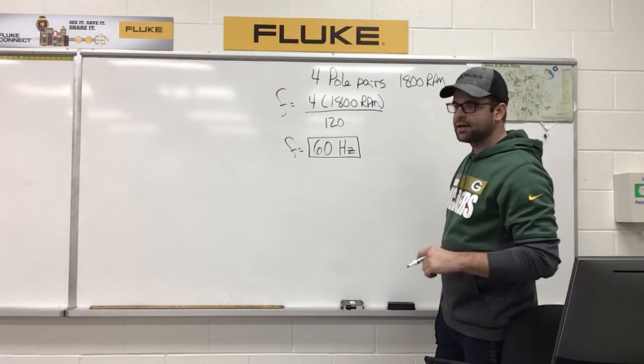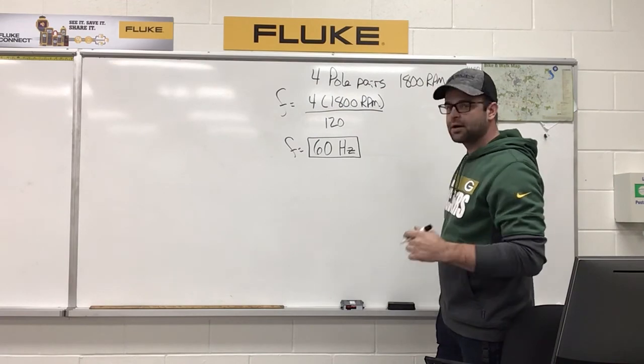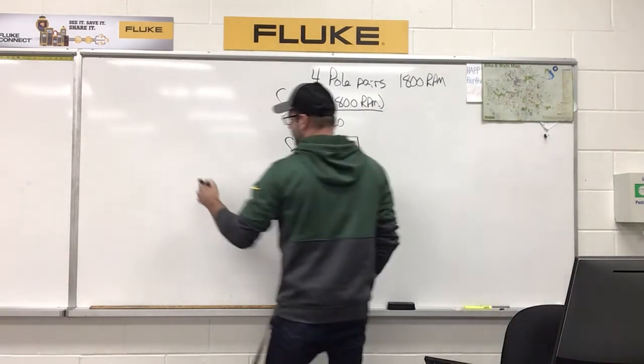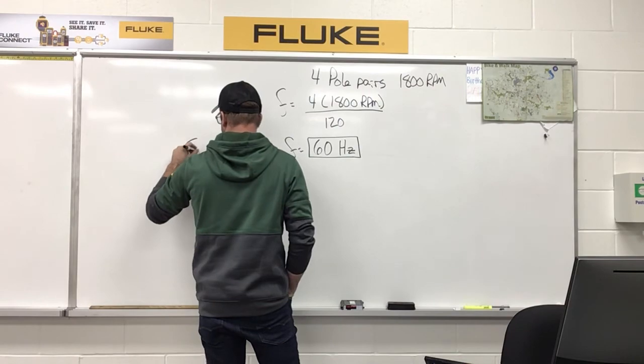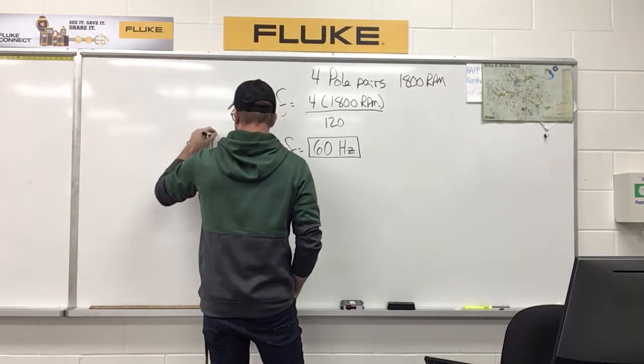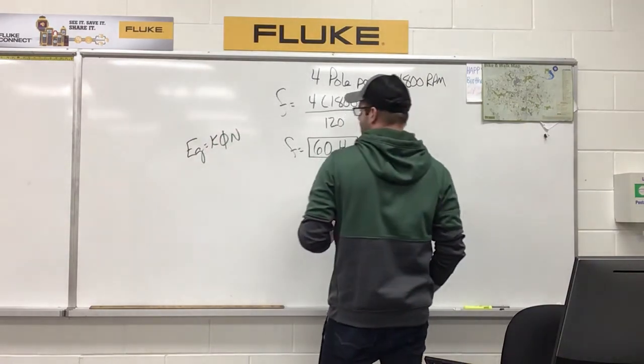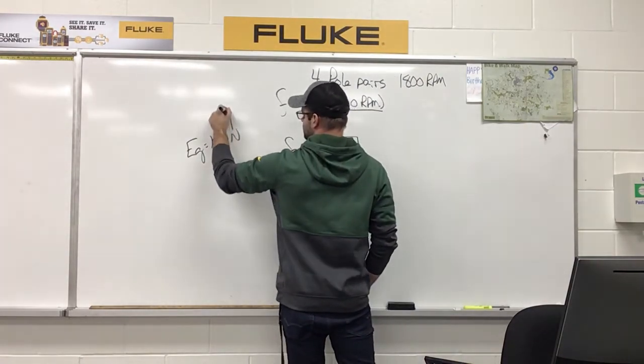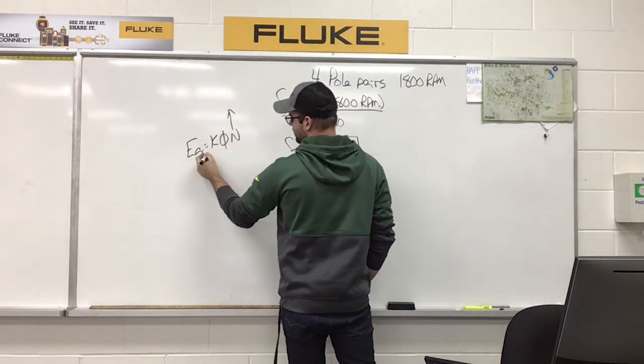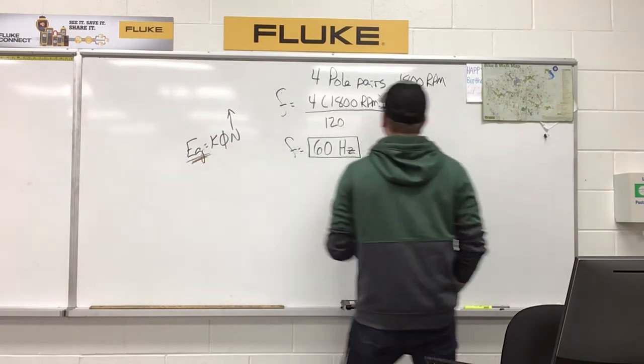One interesting thing, and we had talked about, remember with our EG is equal to K phi N, is that as speed goes up, we end up generating more voltage.